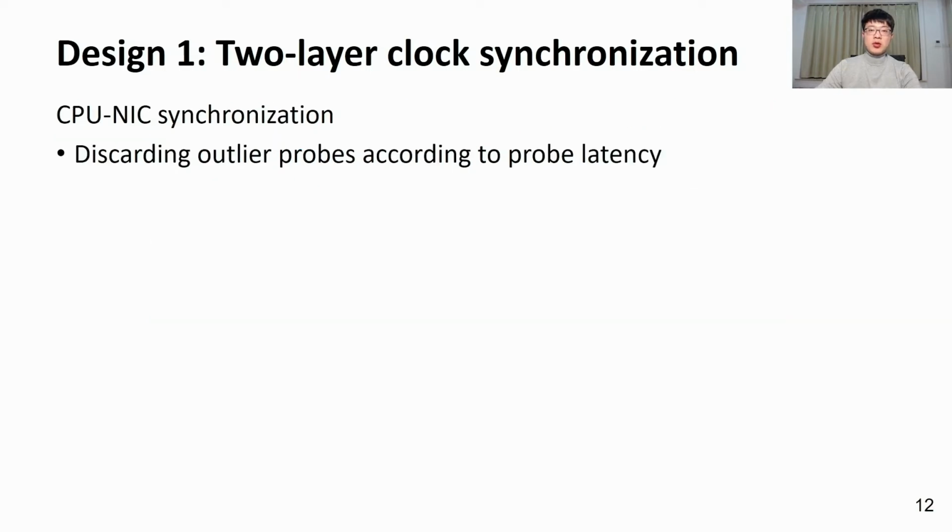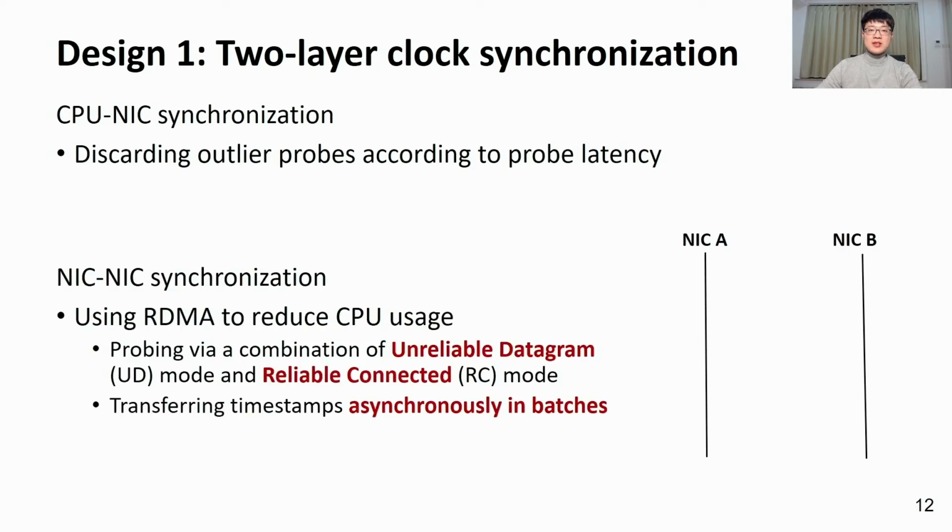For CPU-NIC synchronization, 2L clock discards outlier probes according to probe latency. It helps to achieve high accuracy. For NIC-NIC synchronization, 2L clock uses RDMA, an emerging network technology, to reduce CPU usage of synchronization. Here, NIC A needs to synchronize with NIC B. First, it sends requests from NIC A to NIC B with a combination of RDMA UD mode and RC mode.